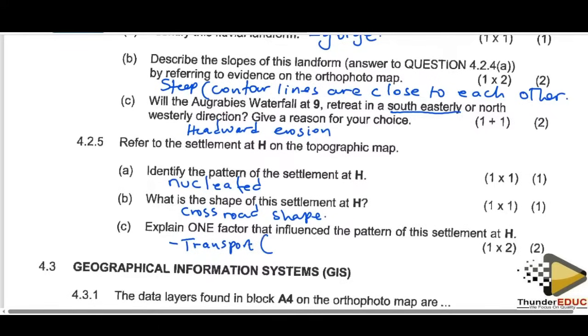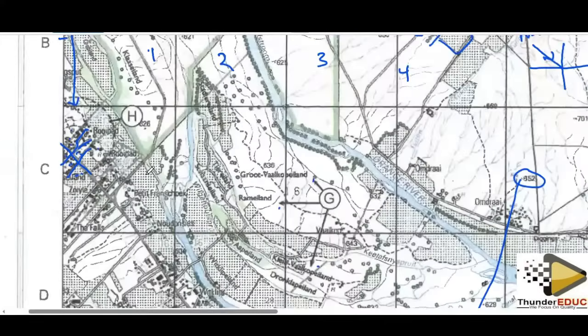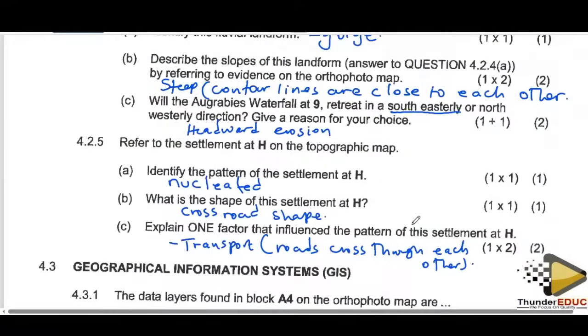Because roads cross through each other. Let's check if there could be another factor. For now, let us go with transport.